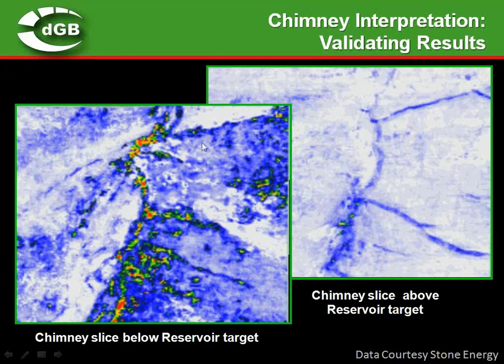And in the zone where we suspect the gas chimneys, again, we see these pockmarks, which are at fault intersections and give us more confidence that these represent fluid migration. However, just because we see fluid migration doesn't necessarily indicate that it represents hydrocarbons.